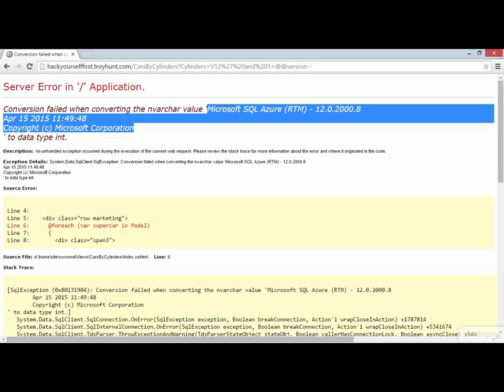Now, having said that, whilst this discovery is important, you can often make pretty educated guesses about the underlying database system. So if you're looking at Microsoft technology, so for example ASP.NET, and you can tell that via either response headers, page structure, or even file extensions, there's a high probability it's going to be running on Microsoft SQL Server.